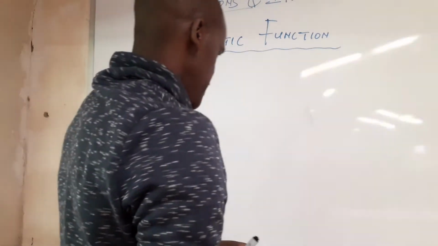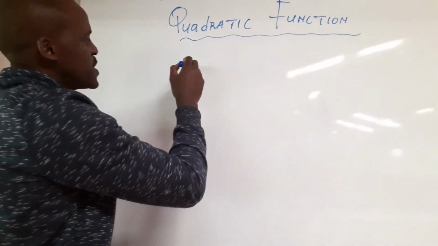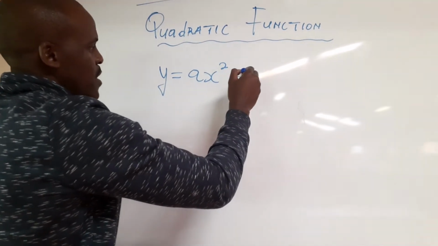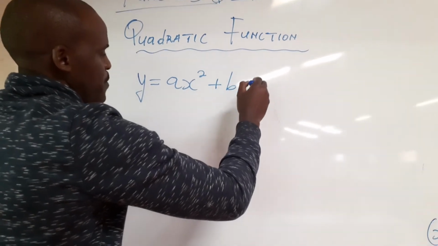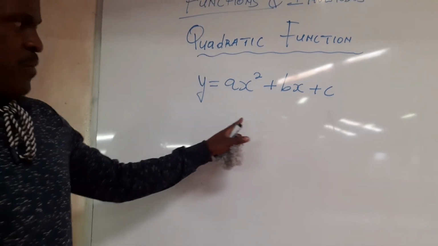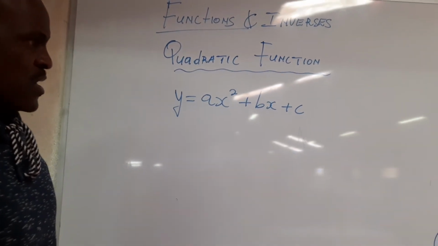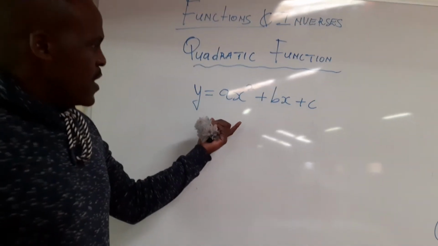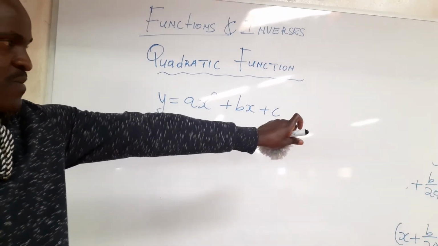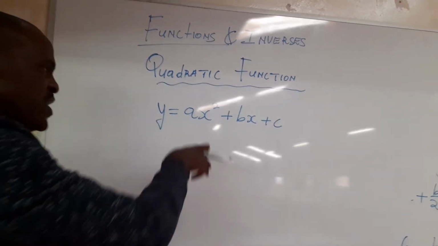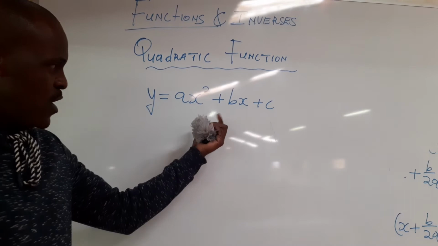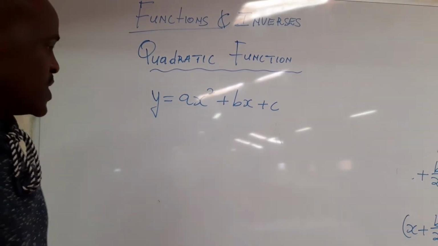It has got one turning point since it's given by ax squared plus bx plus c. From the same equation, we have found the x-intercept, as you can see, and then to find the turning point. Remember, we have to find the turning point, since it has got a turning point.